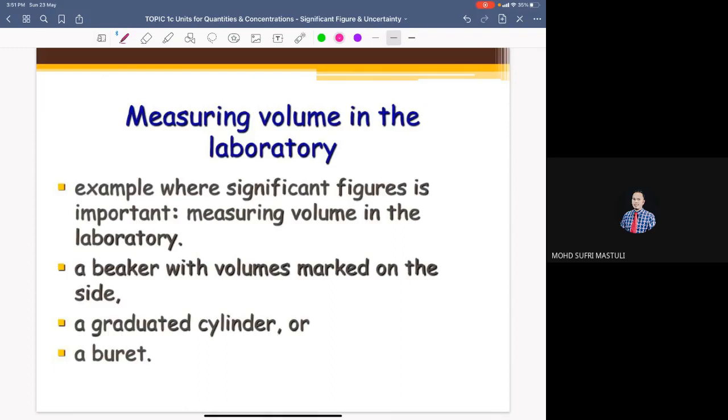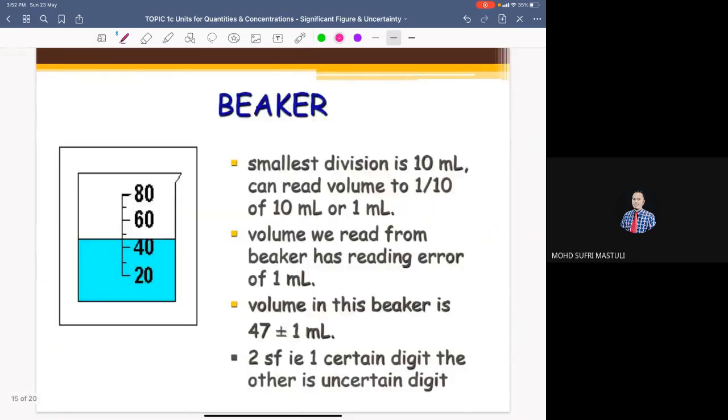We have various types of glassware for measuring volume: a beaker with volumes marked on the side, a graduated cylinder, or even a burette. If we have a beaker like in this diagram, the smallest division is 10 ml.